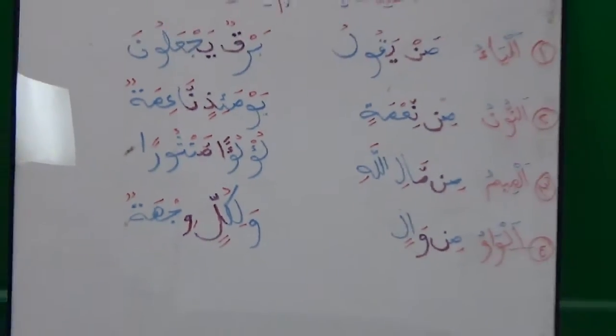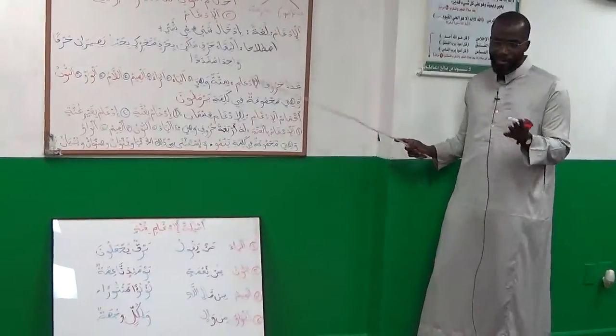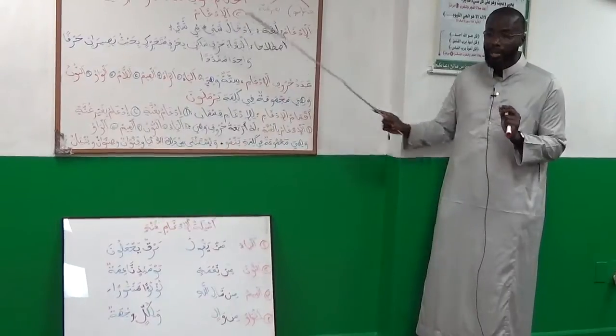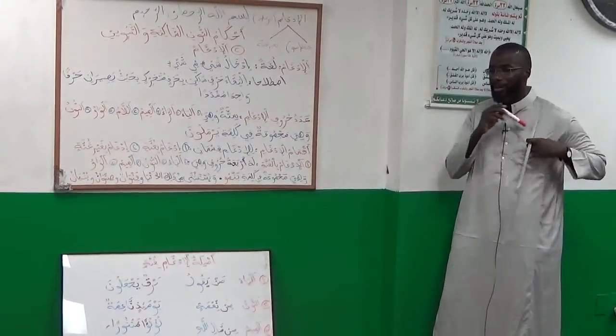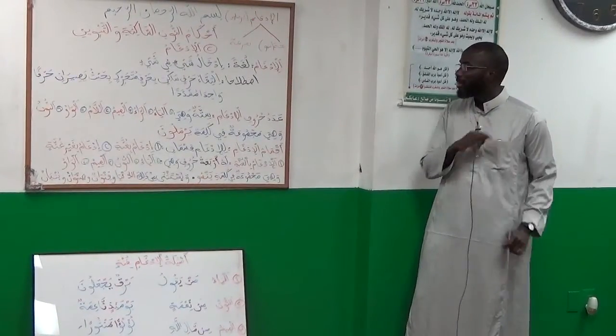Al-idgham is our second rule of the rules of nun sakina and tanween. What does it mean in the Arabic language to say al-idgham? It means idkhalu shay'in fi shay'in, to take something and put it in something else, right? Adghamtu al-qalama fi jaybi. I put the pen in my pocket, right?